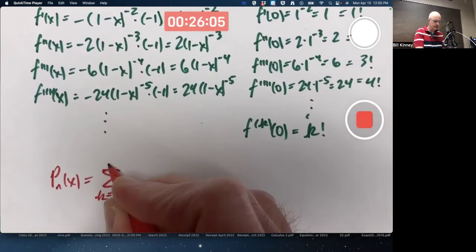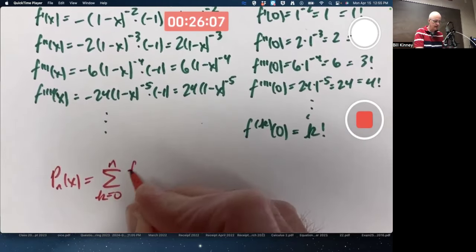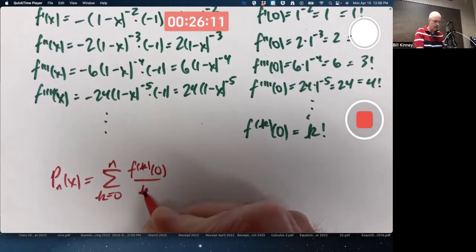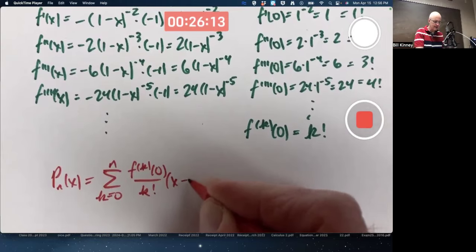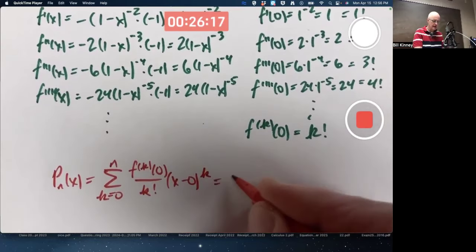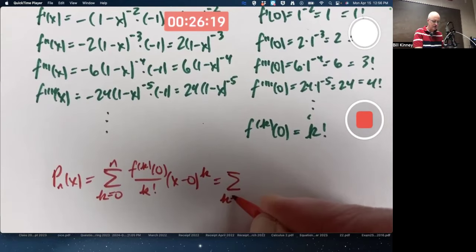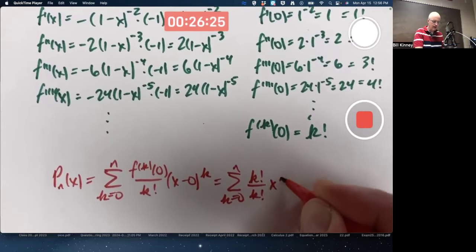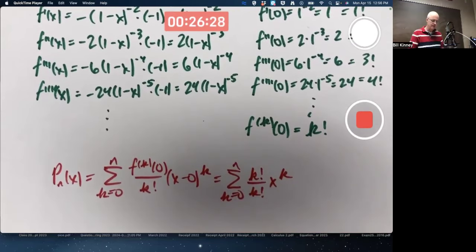Summation k goes from 0 to n, the kth derivative at 0 divided by k factorial times x minus 0 to the k. I'm using a equals 0. It simplifies to what? We have k factorial divided by k factorial. They cancel.